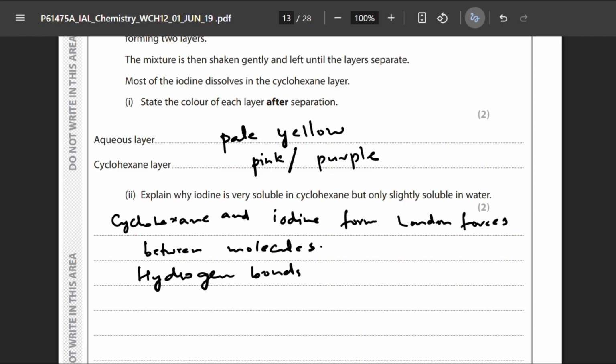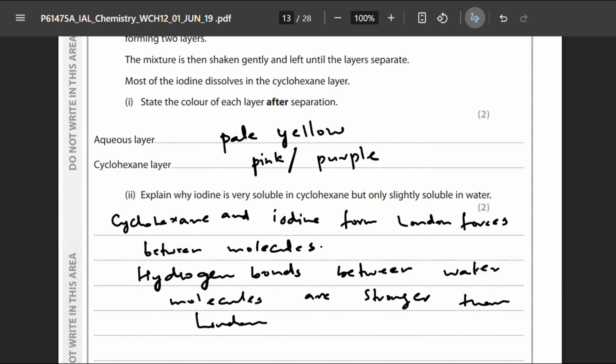Hydrogen bonds between water molecules are stronger than London forces. So the iodine is only slightly soluble in water, due to the presence of hydrogen bonds in water.